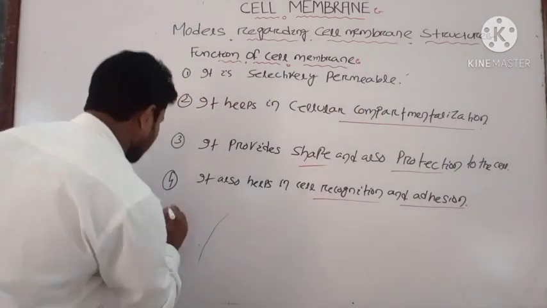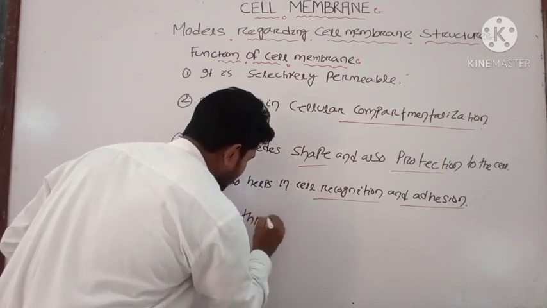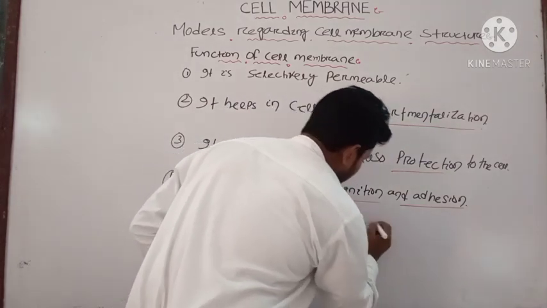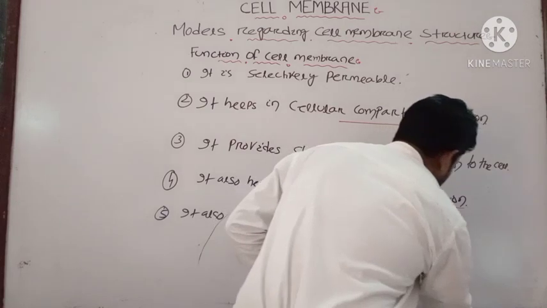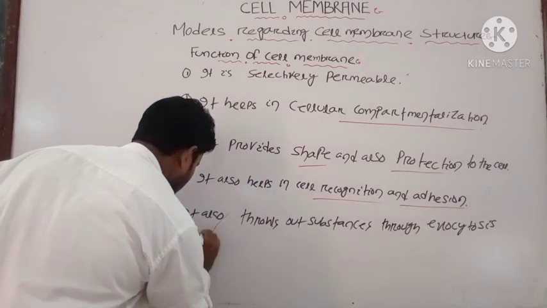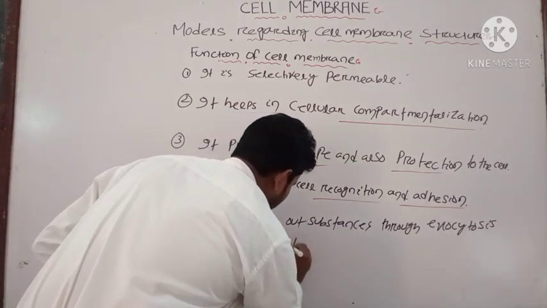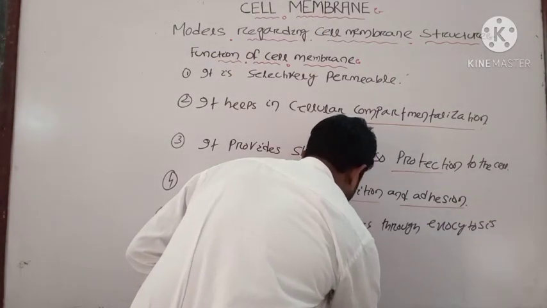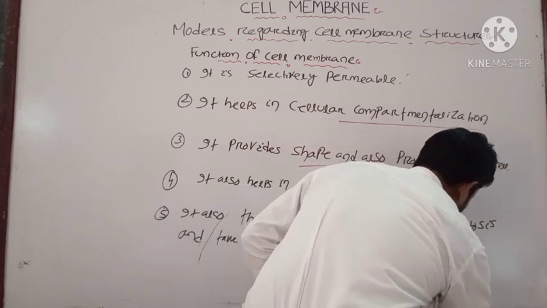Okay, the next one is, it also throws out substances which are not needed by the cell, through exocytosis, and takes in substances which are required by the cells by the process of endocytosis.